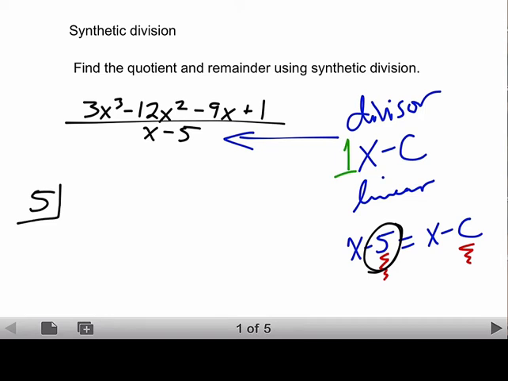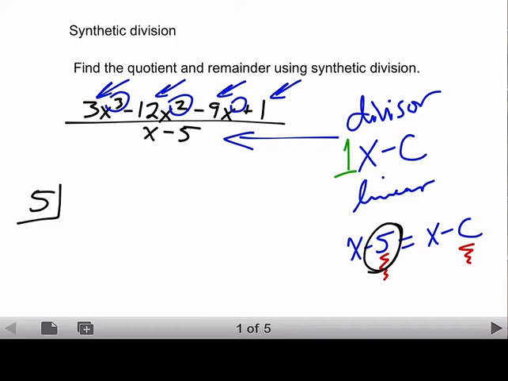And then we use the coefficients of the dividend, and they've got to be written in descending order according to the exponent for each term. Okay, so here we have exponents of 3, 2, 1, and then the constant.